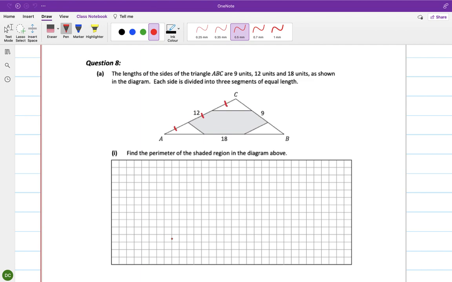So those ones are 4, 4, and 4. These ones here are 3, 3, and 3.